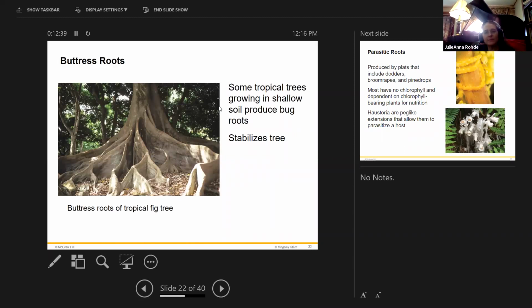Buttress roots. Tropical trees have these because one of the things you need to understand about what we often call rainforest soils is that they're very shallow. The nutrients don't go very far below the surface. We have a lot of things growing in the rainforest, but the soils are very poor.